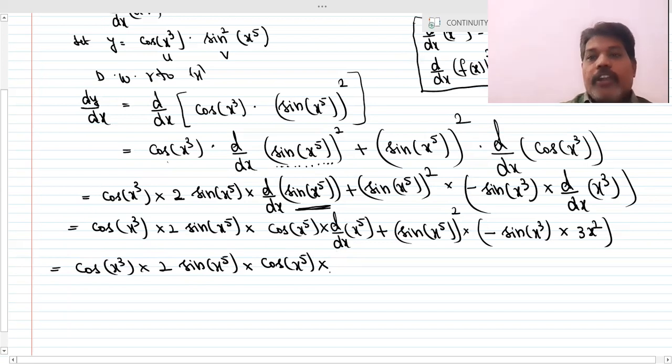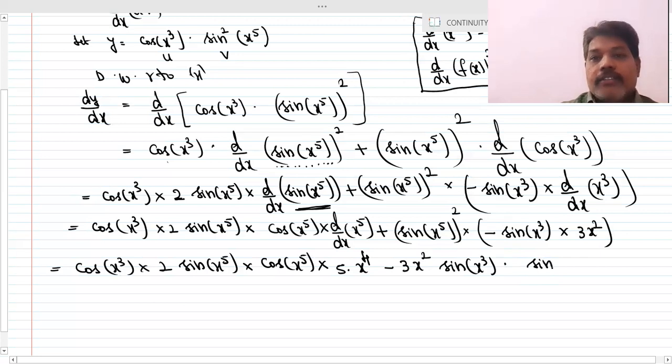So the derivative of x power 5 is 5 into x power 4. Plus, written in order, 3x square into minus, so it becomes minus 3x square into sine of x cube into sine of x power 5 whole square, which you can write as sine square of x power 5.